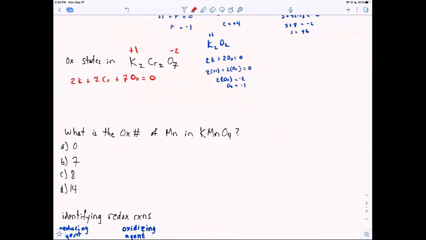And potassium is always +1, so 2 times +1 plus 2 chromium plus 7 times -2 equals 0. So 2 plus 2 chromium minus 14 equals 0. 2 chromium equals 12, or chromium equals 6, specifically +6.